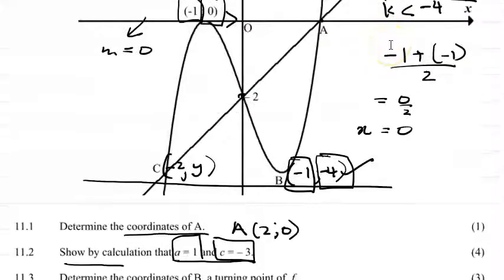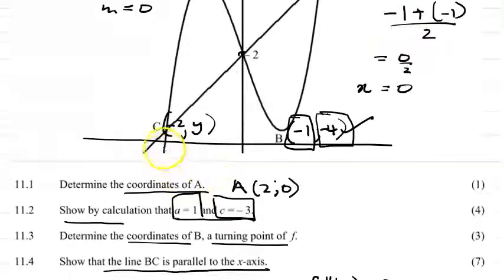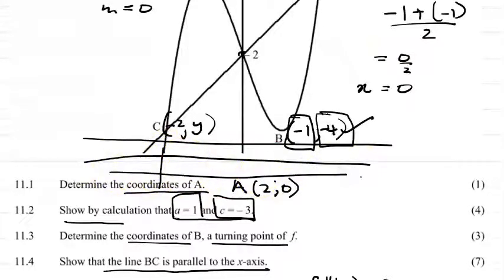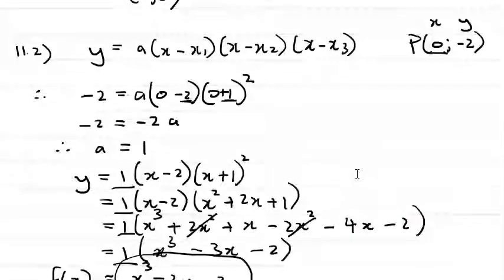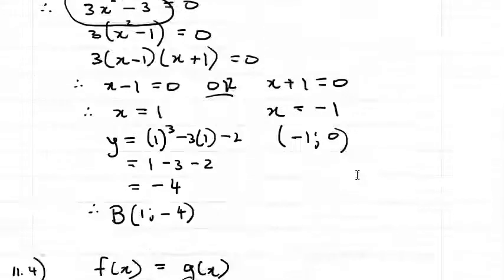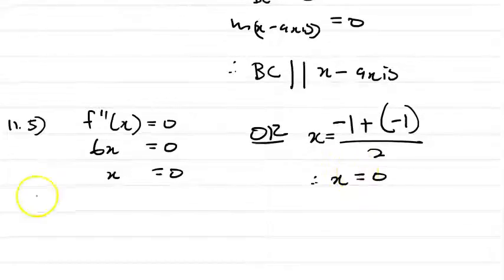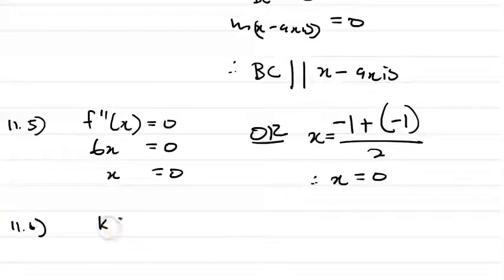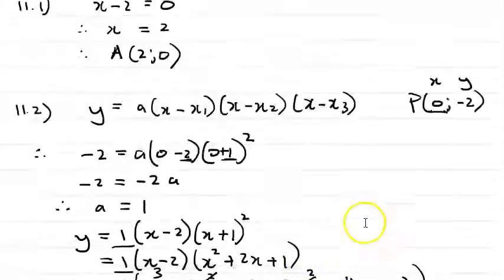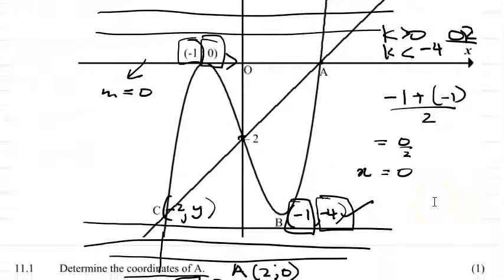And if k is less than minus 4, it will only cut f at one point. Okay, so once again, the solution for 11.6 will be k greater than 0 or k less than minus 4.